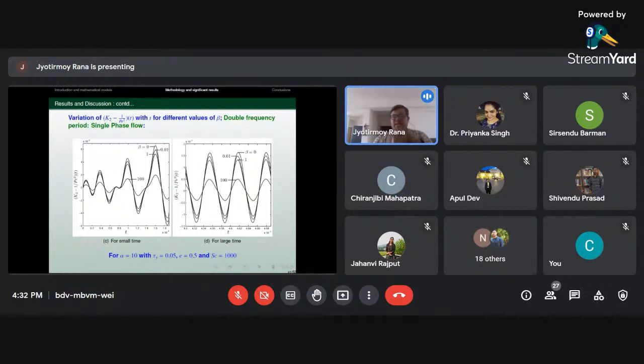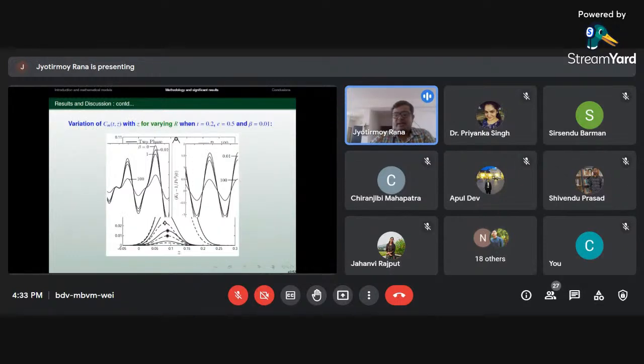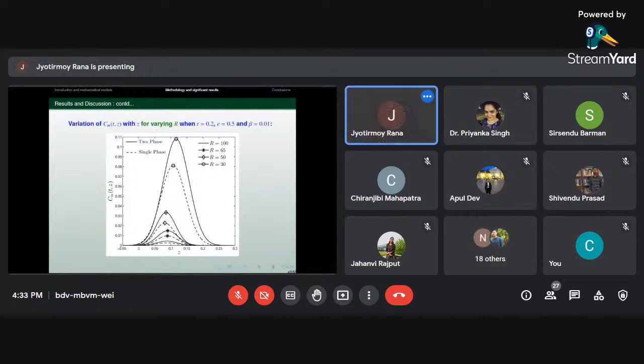Because for medium to large arteries, the flow reversal period is the same, and due to this phenomenon the solute is moved back by the backward flow. This type of phenomenon can also be seen in experimental studies. That's why for medium and large size arteries, we get the double frequency period as well as the negative dispersion phenomenon.